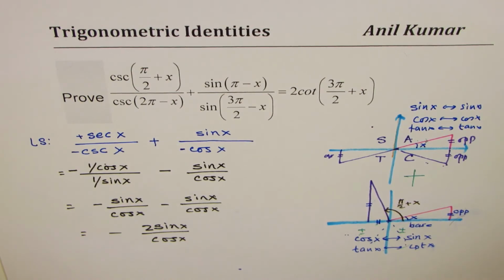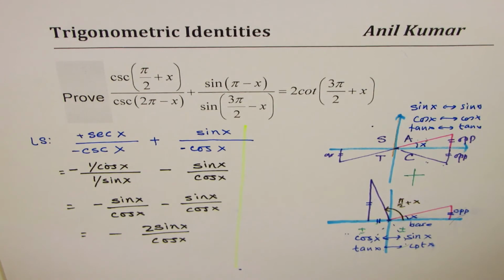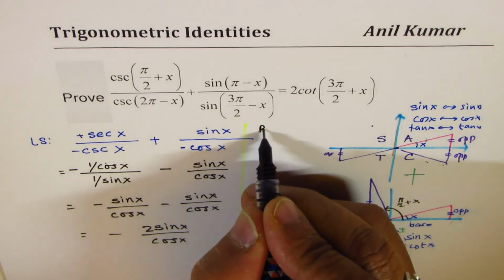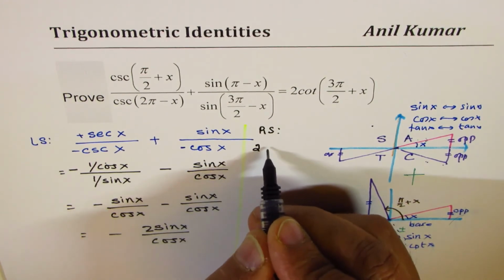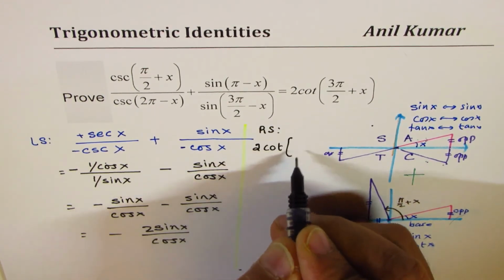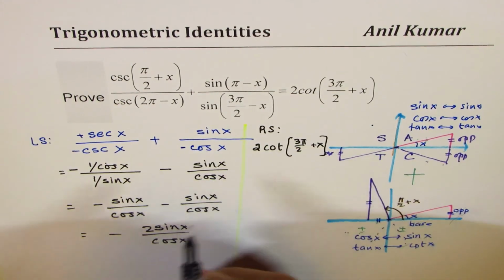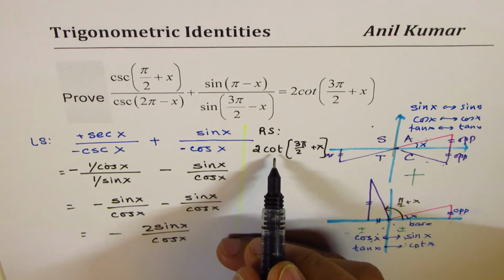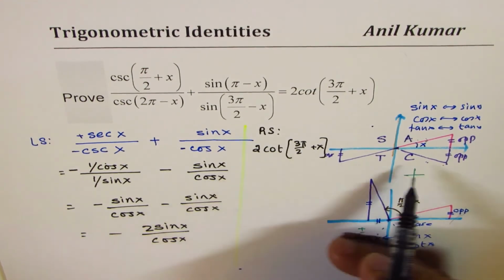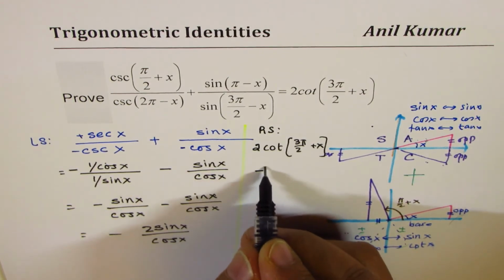Now let's look into the right hand side. On the right side we have 2 cot(3pi/2 + x). 3pi/2 + x means you are in quadrant 4, where tan is negative, so this has to be negative. I'll write this as negative 2 here.